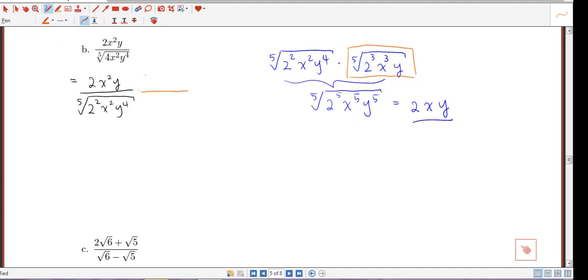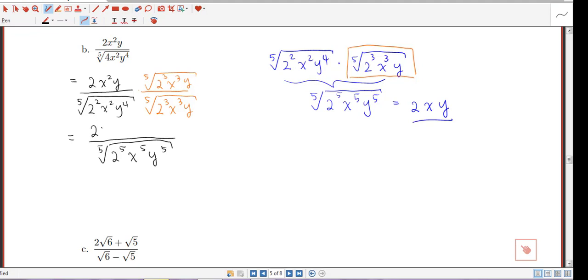So here I'm going to multiply the top by the fifth root of 2 to the third, x to the third, y, because I'm going to multiply the same thing on the bottom: 2 to the third, x to the third, and then the y. Now if I combine the denominator, do you see that I'm going to get fifth root of 2 to the fifth, x to the fifth, and then y to the fifth.